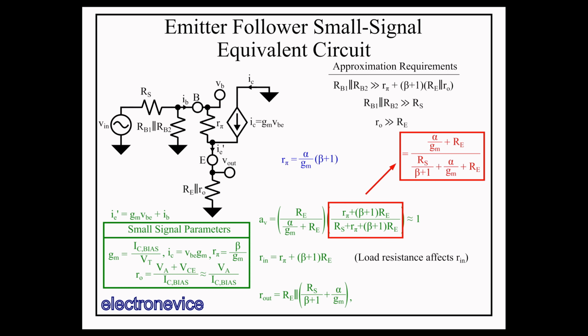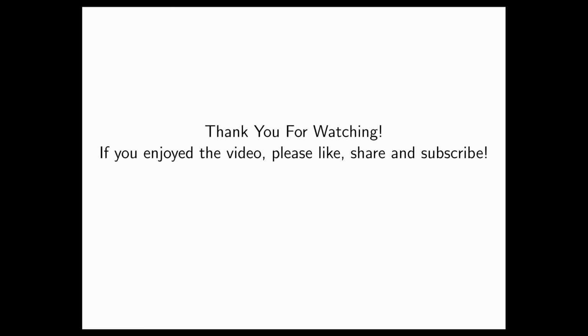So while Rs can get high enough to the point that Rs over beta plus 1 is approximately equal to Re, and thus Re dominates the output resistance, at that point the gain will be dropping significantly. So, in order for this to work as a good buffer, you need Rs to be much less than R-pi and a high enough bias current so that alpha over GM is low enough to be your desired output impedance. That concludes this video.